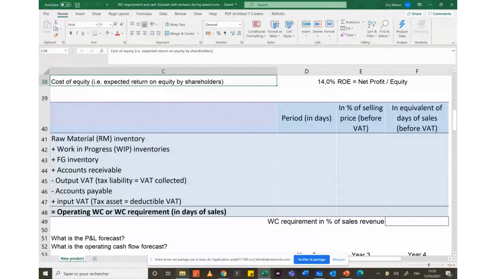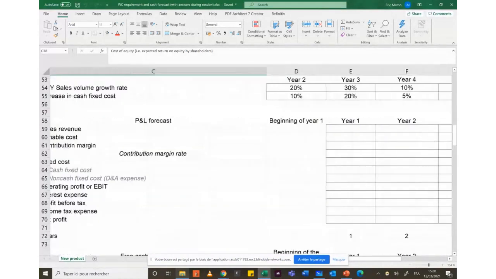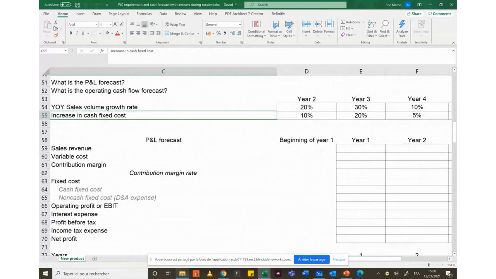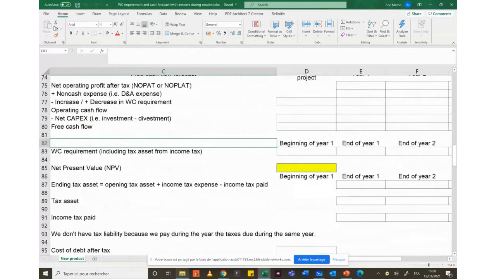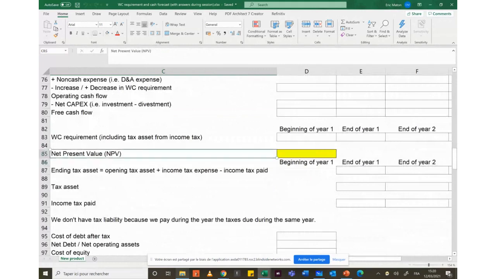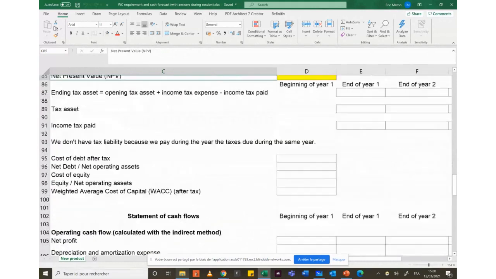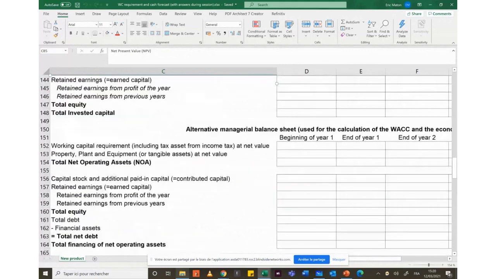We can create the P&L forecast for 5 years with the growth rate in the sales volume and the cash fixed cost. We create the free cash flow, so it's a way to revise the NPV. And we find the same thing as with the NPV with the economic profit at the end, MVA, okay?